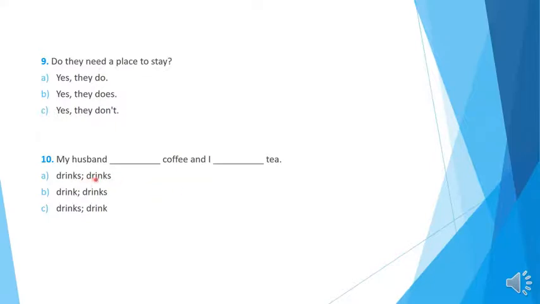Drinks, drinks, drink. Take a few seconds. Hope you are getting it. Okay, that's the end of the quiz, and hope you are ready to check your answers. Let's check your answers.